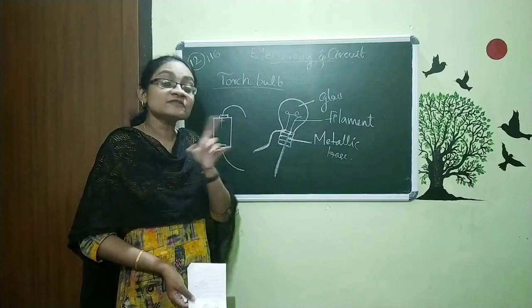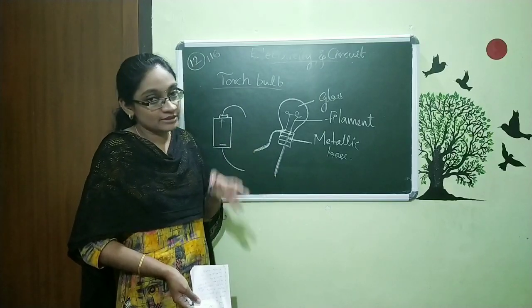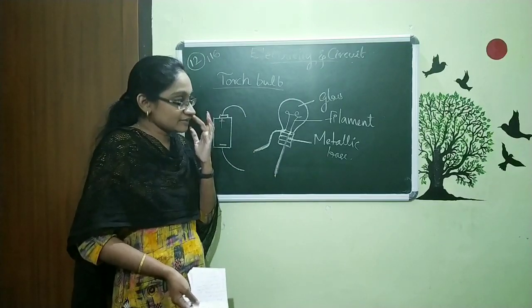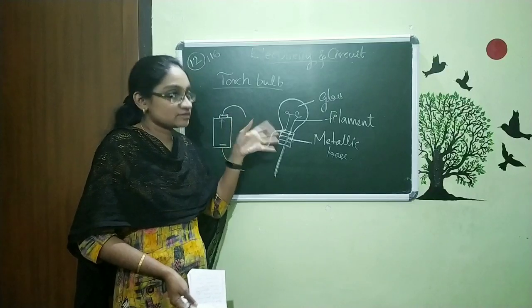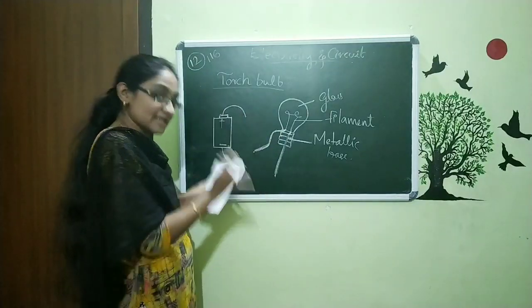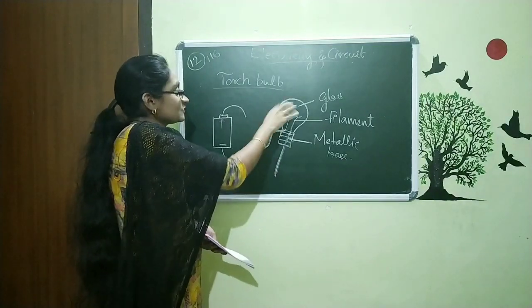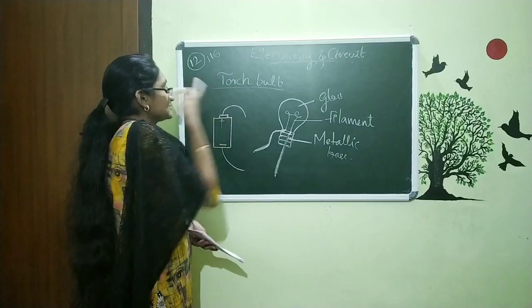But an LED bulb has a positive terminal and a negative terminal, and they have their own importance, which you can study in higher classes. Now just understand this. So we took 4 wires and connected them with this bulb and this cell.